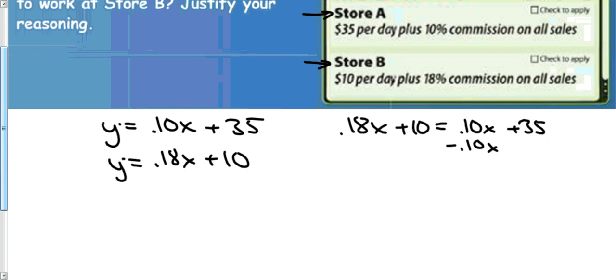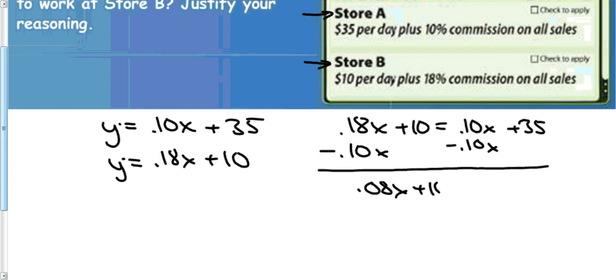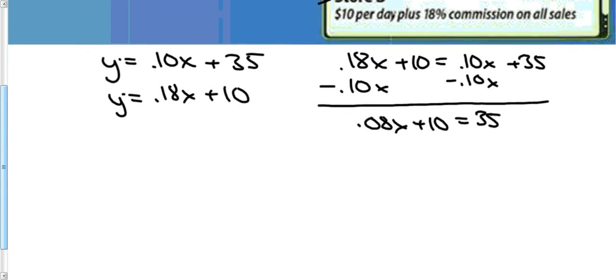Subtract 0.10x from both sides, and we're left with 0.08x plus 10 is equal to 35. Subtracting 10 from both sides gives me 0.08x is equal to 25.